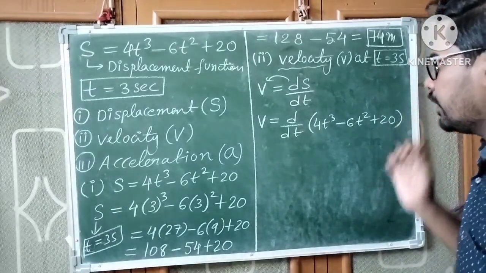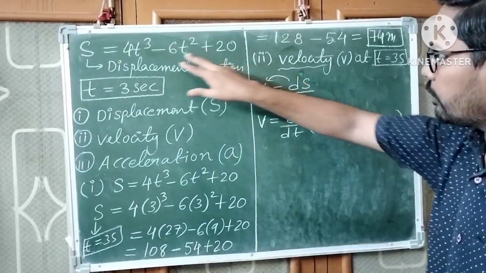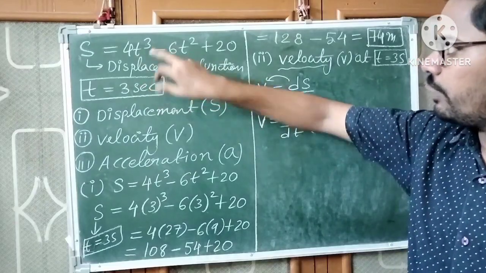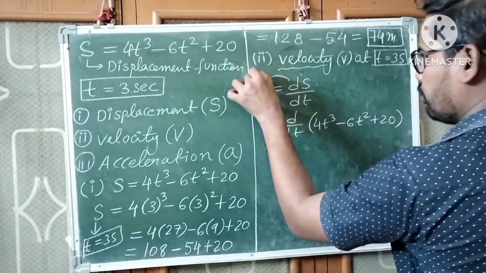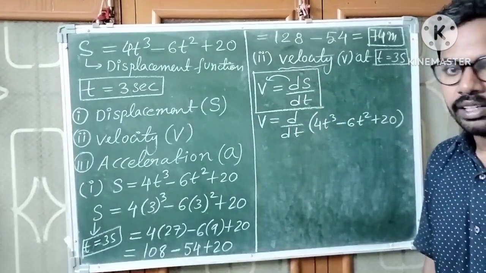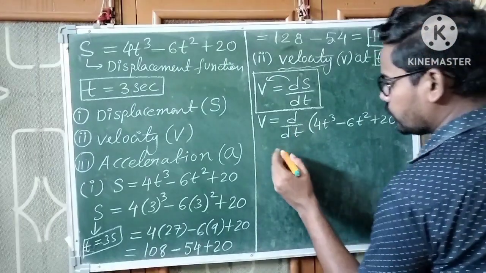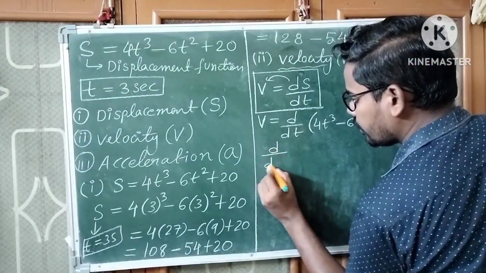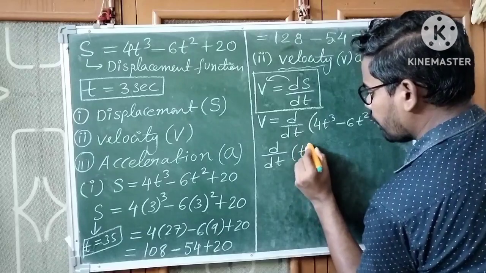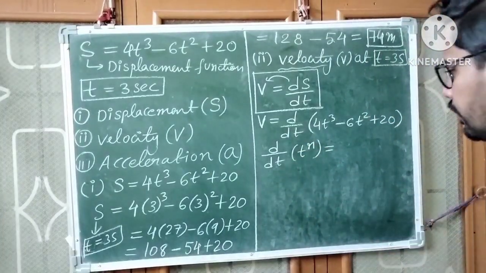We have to find the derivative of this function with respect to t, because the velocity formula is ds/dt. So first, in derivatives we have a formula d/dt of t^n. This is called the power formula in differentiation.